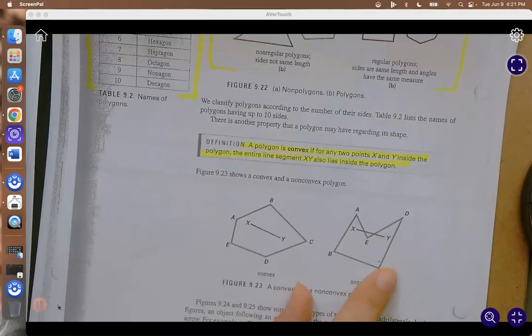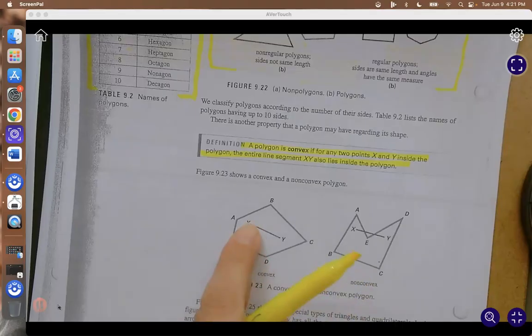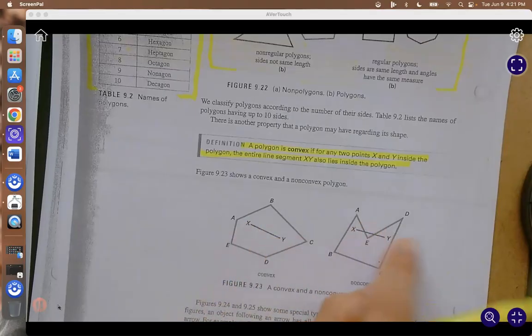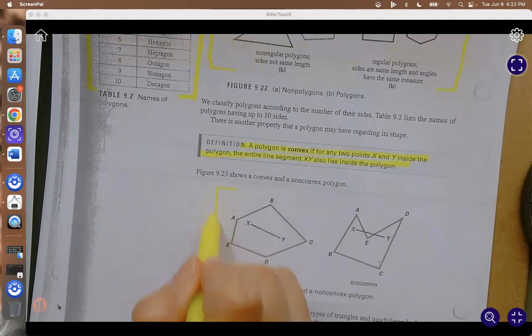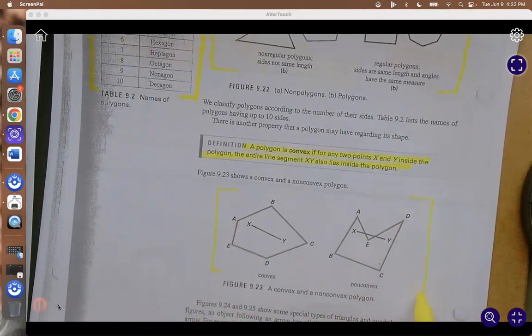Does that make sense? I don't know really why you would need the line. I guess it's just a visual thing. But I just look at it. If everything looks normal and pointing out, then it's convex. If it looks like it got hit and dented in, it's non-convex. Okay, so if you want to box that in, you can.